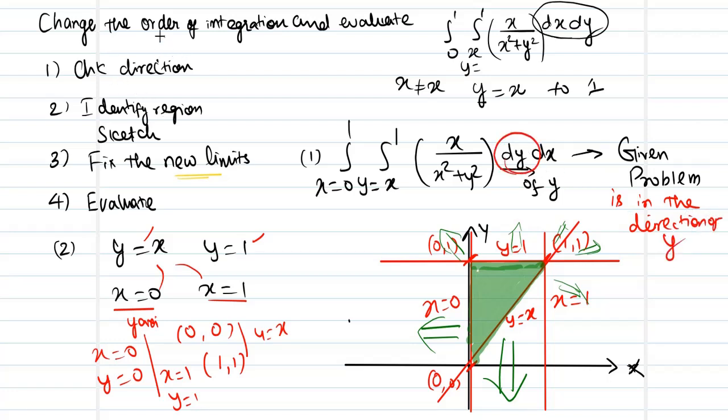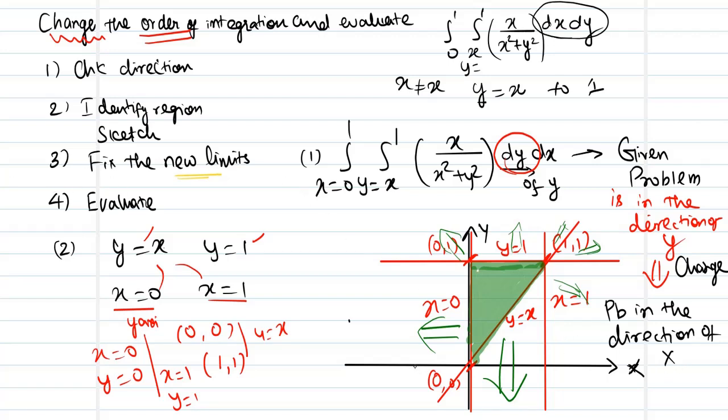When you change the order, the problem in y now changes to a problem in the direction of x. So how to fix the limits in the direction of x? The third step is fixing the limits.